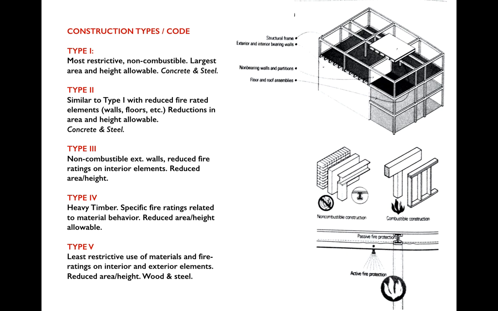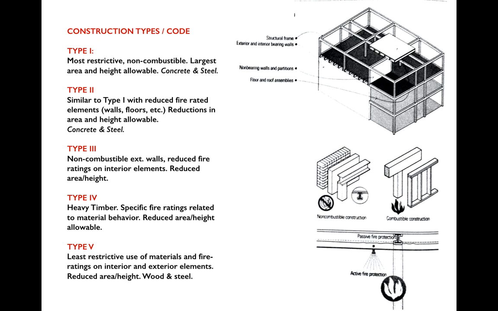Type 4 is heavy timber, so large-scale timber elements that will char instead of burn. And type 5 is typical residential construction, so wood studs that, as we know, can go up very quickly in a fire, but here we'll have such a small area or such a small height that we're happy that the small number of occupants in, say, a single-family home could get out fairly easily.